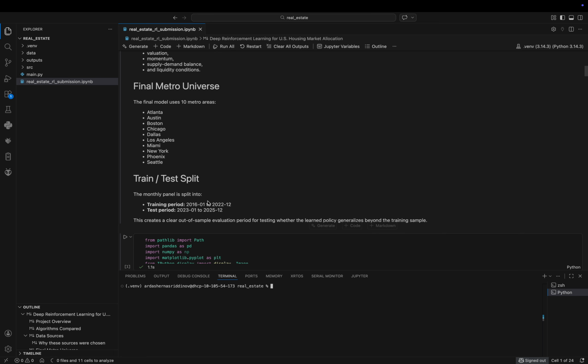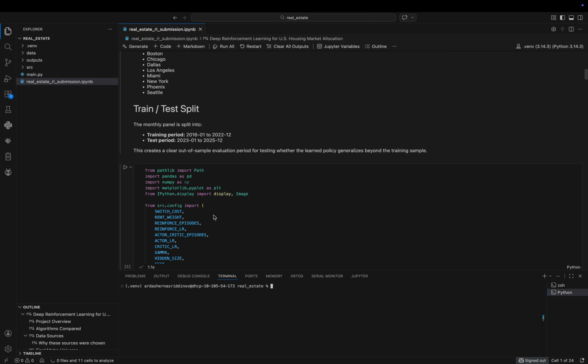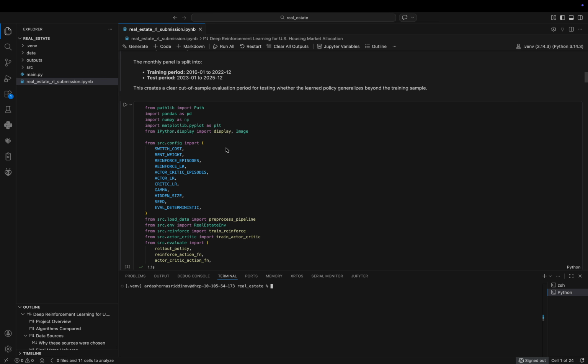The split was 2016 to 2022 for training and 2023 to 2025 for testing. So it's simulating real conditions: you train on everything up to today, and then your actual deployment would be current and future markets.